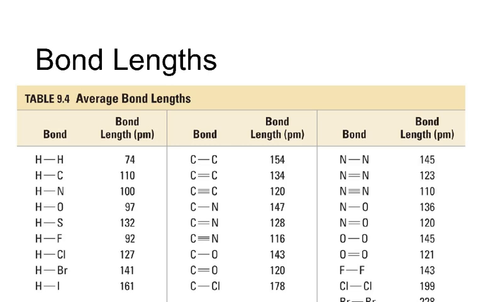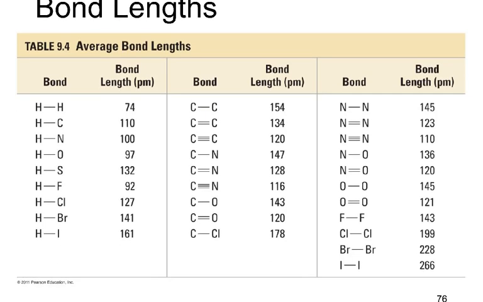And you can see here the more bonds, so single to double to triple bonds for carbon, our bond length decreases, same for nitrogen. So yeah, that's the trend. And then as your elements get bigger, your bond length increases if you're looking at the same other element.